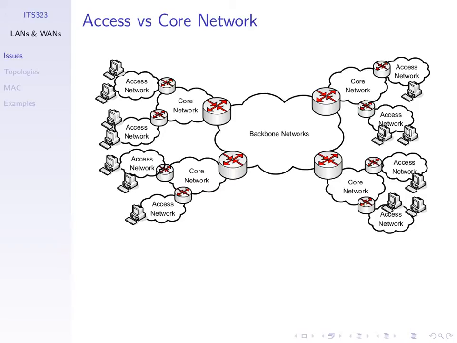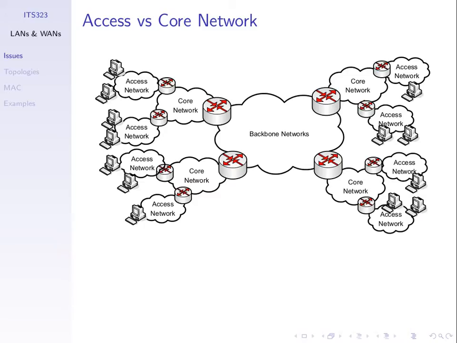We have end users, the computers, so the human users are using these devices. For example, this access network, this cloud, represents a network that I connect to, and similarly, there are other people connecting to other access networks. So access networks are the networks which the end users directly connect to.